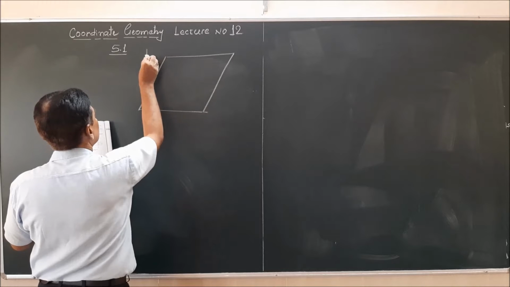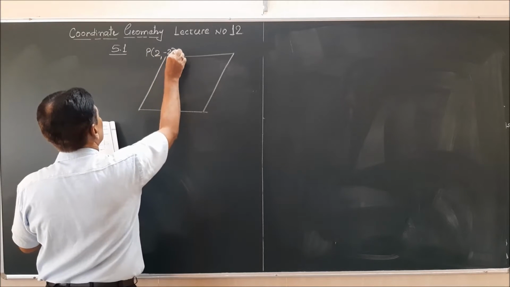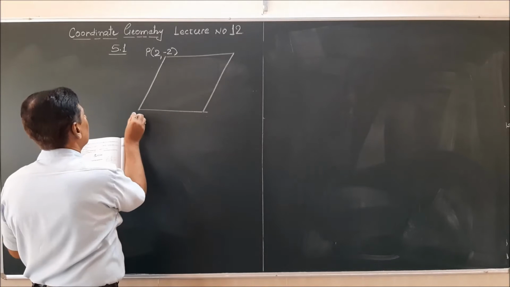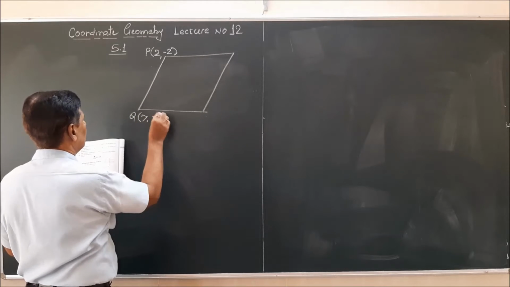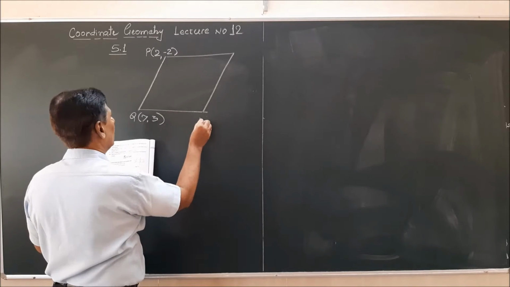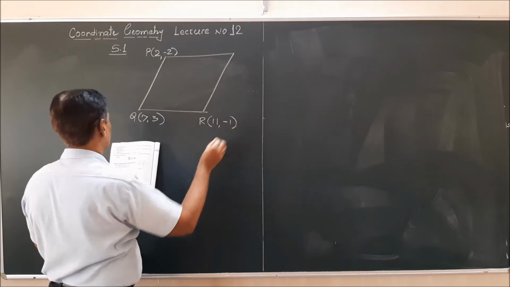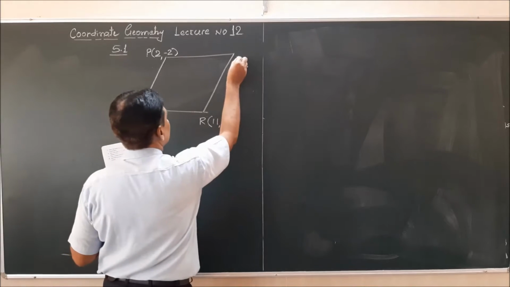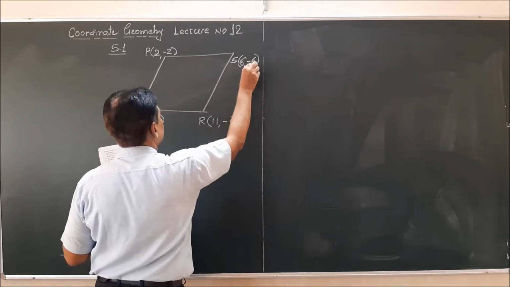The coordinates of P are 2, minus 2. Then the coordinates of Q are 7, 3. Then the coordinates of R are 11, minus 1. And the coordinates of S are 6, minus 6.